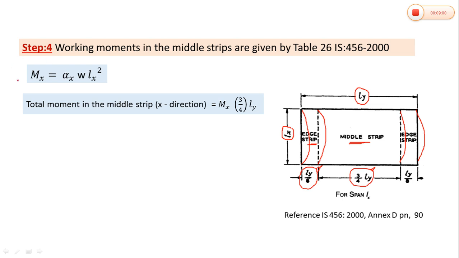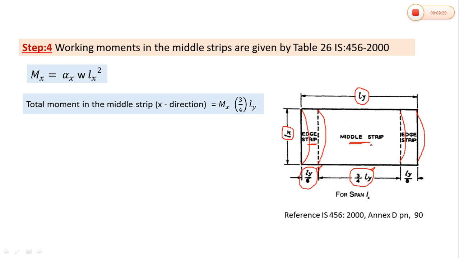Now this is the unit moment, but we want to calculate this moment for the total middle strip, because when we calculate this unit moment, what we consider is the unit width of slab, but we want to provide the strands or tendons in the entire middle strip.